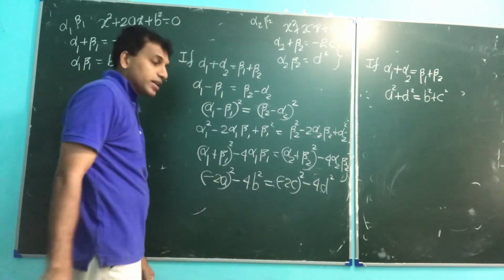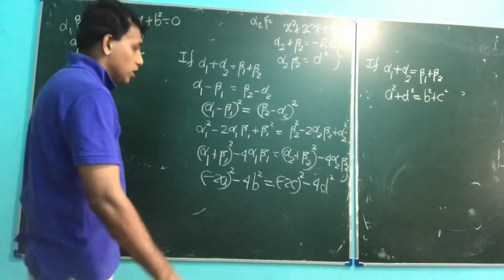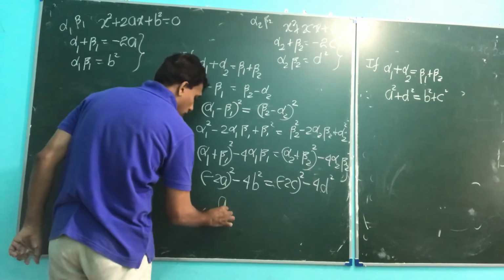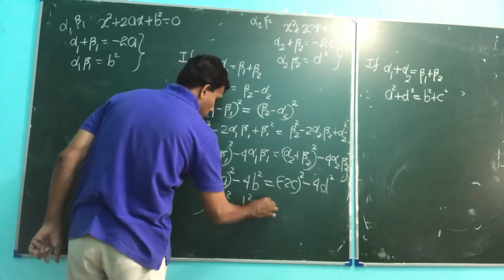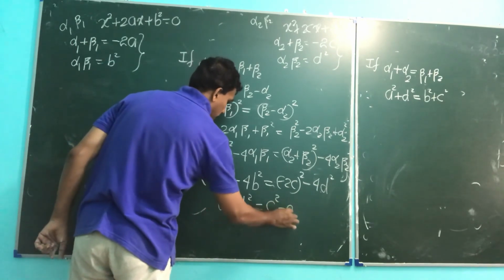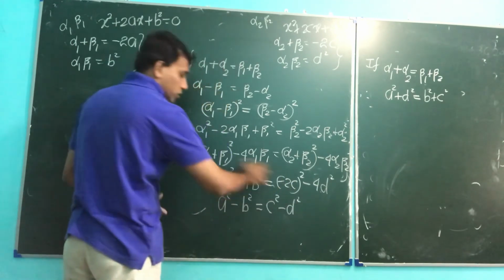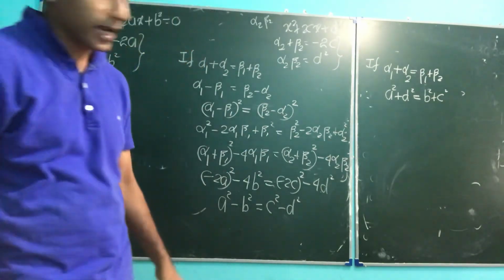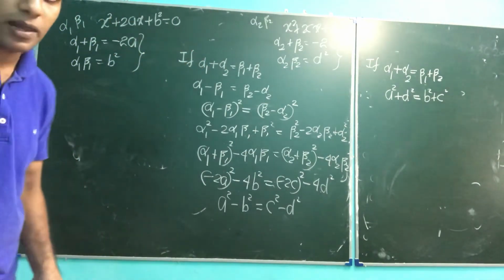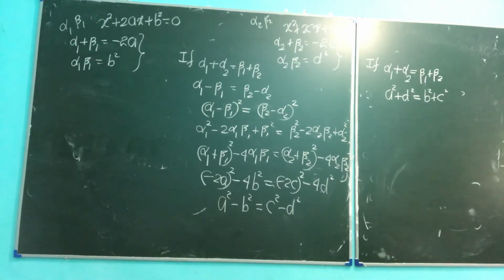Now everywhere divide by 4, cut by 4. Then you have the answer: a square minus b square equals c square minus d square. Or rearrange a and d on one side, b and c on the other side. This is the first part of that.